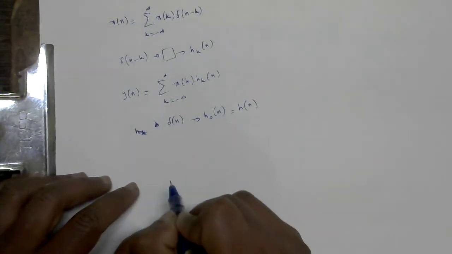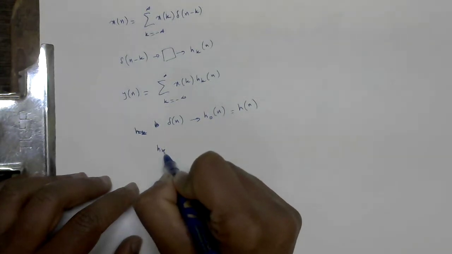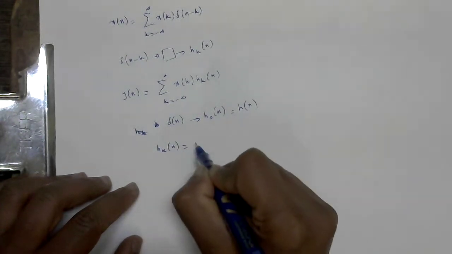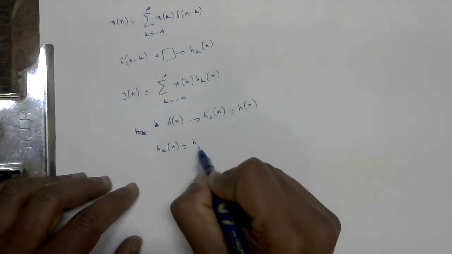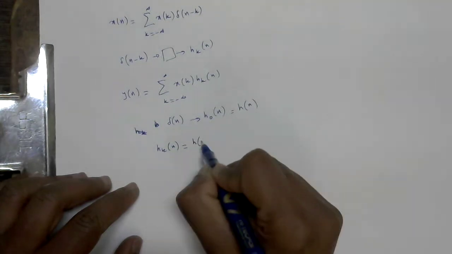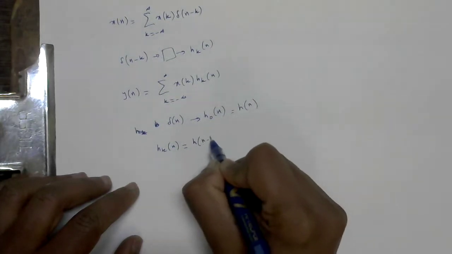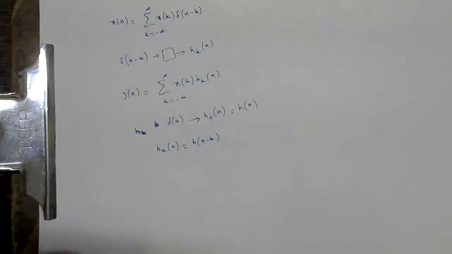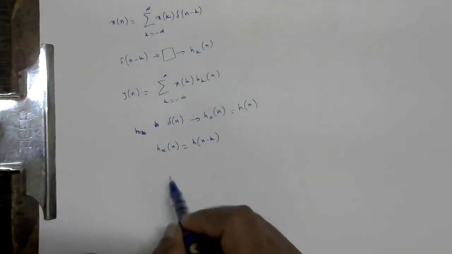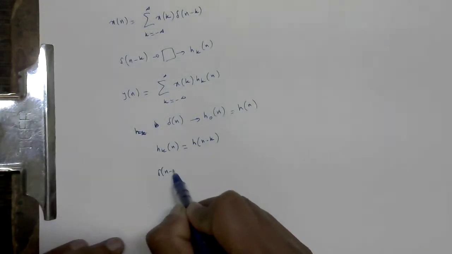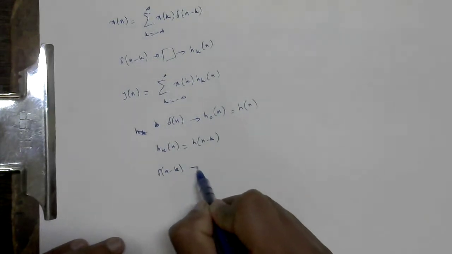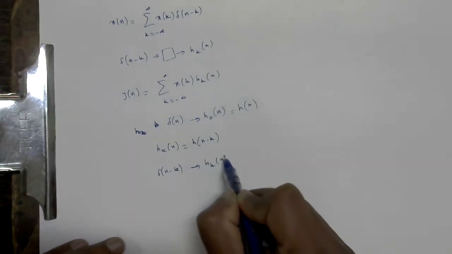Now, if the system is time invariant, then h_k of n will be h of n minus k. That is, if the input is delta of n minus k, I get h_k of n.